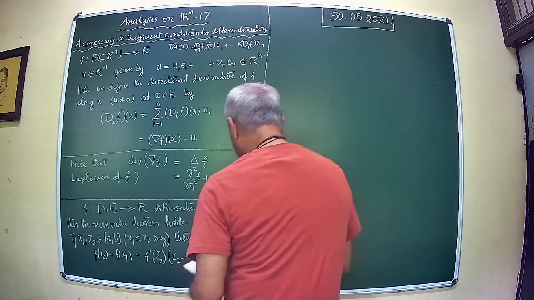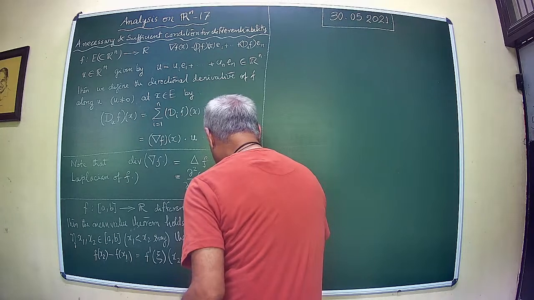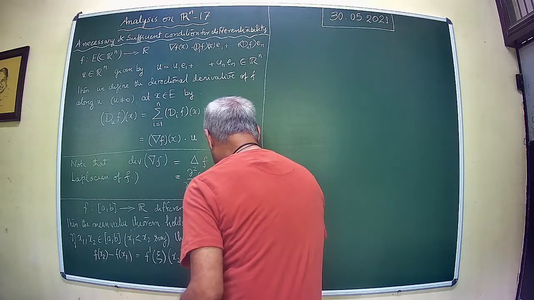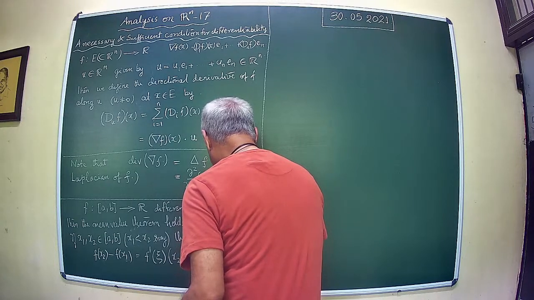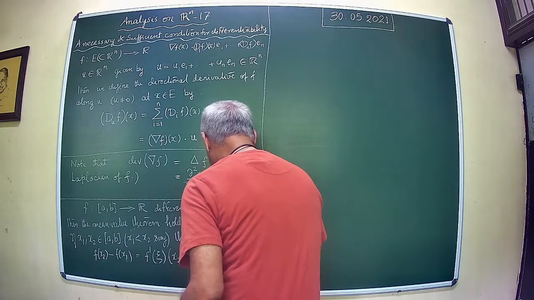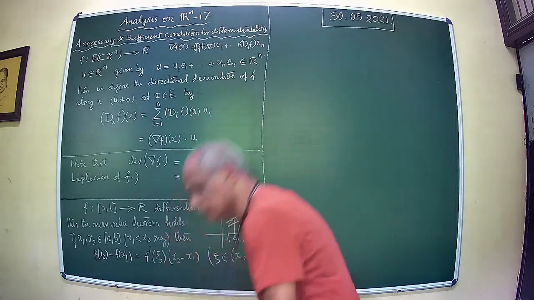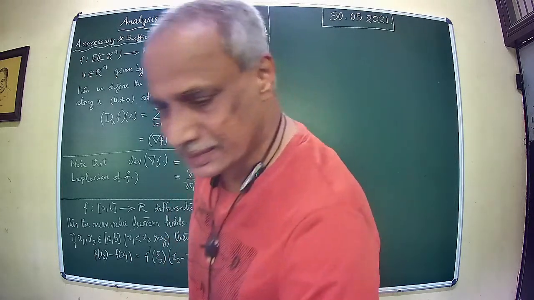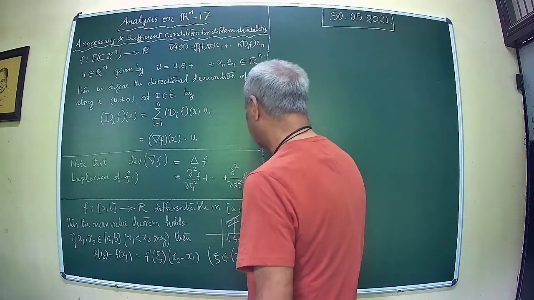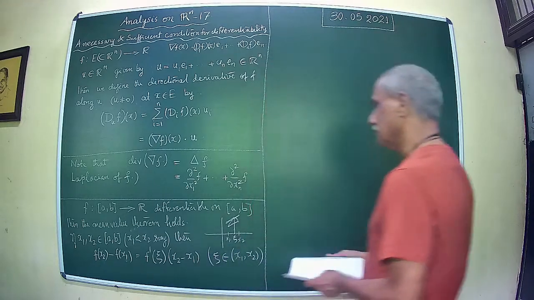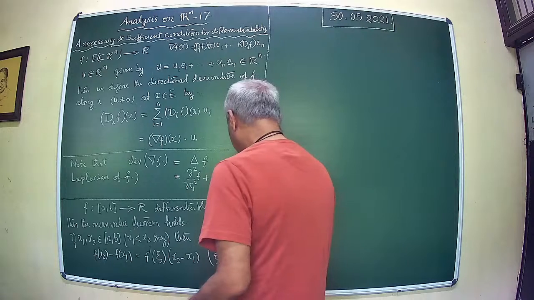So there is some point lying between x1 and x2 where the tangent to the curve is parallel to this line. It doesn't even say which point it is, it simply says that there is some such point. And in fact there could be several points having this property.